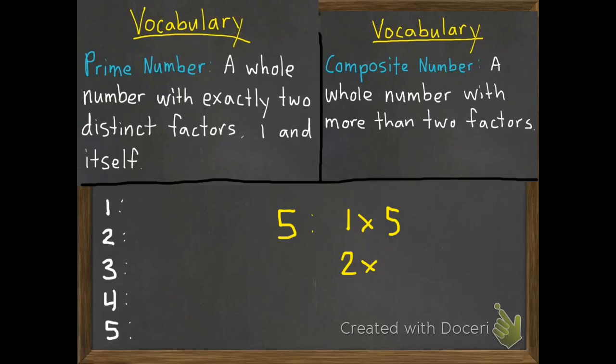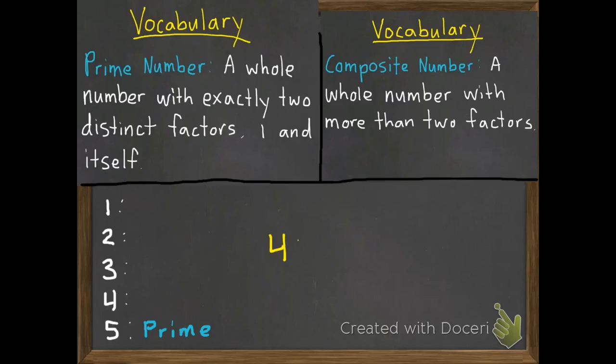Does 2 times anything equal 5? No. 3? No. 4? No. 5, we're right back to there. So our factors are just 1 and 5. That's exactly two factors, so that's going to be prime.